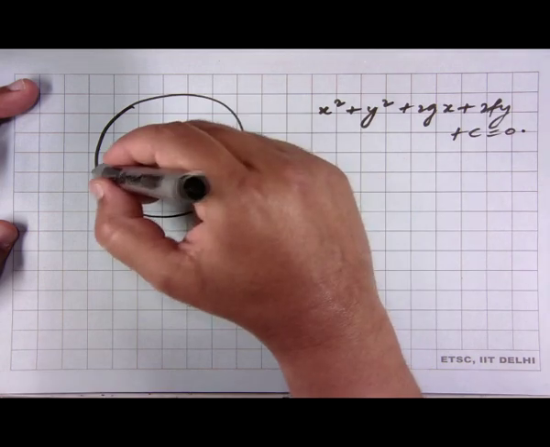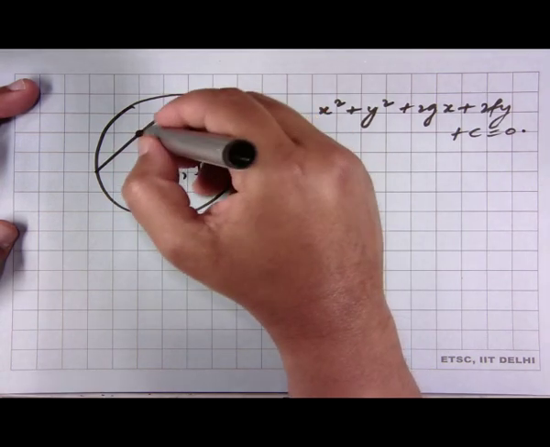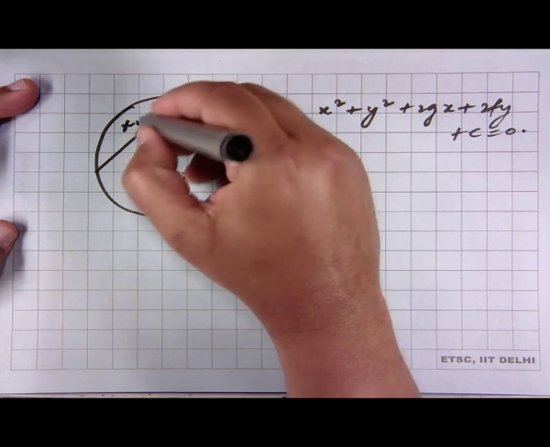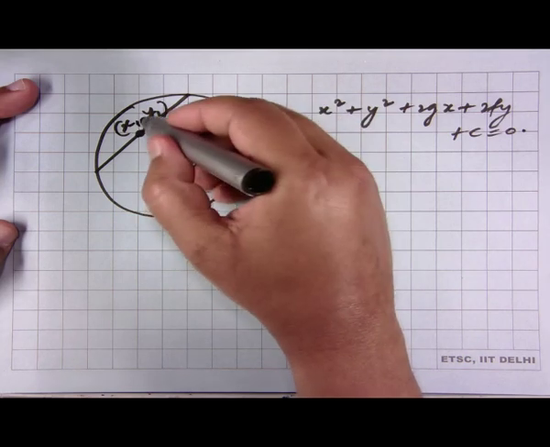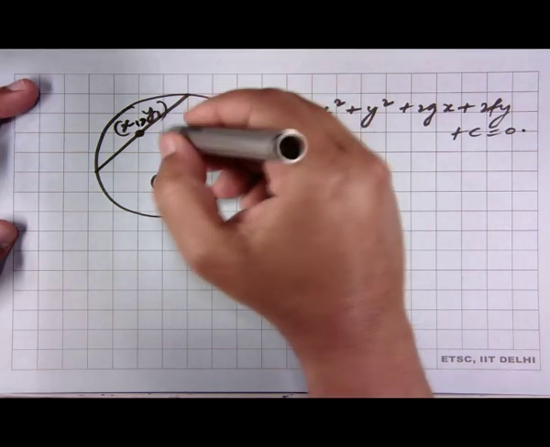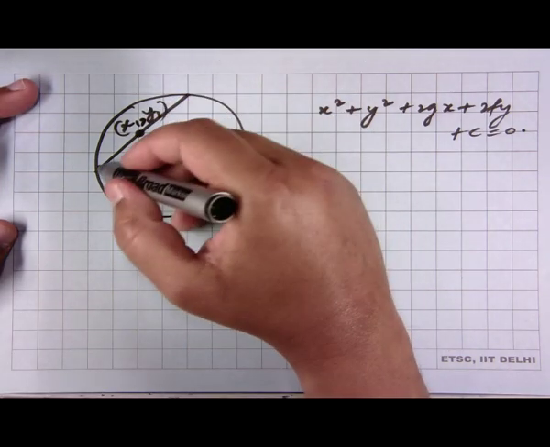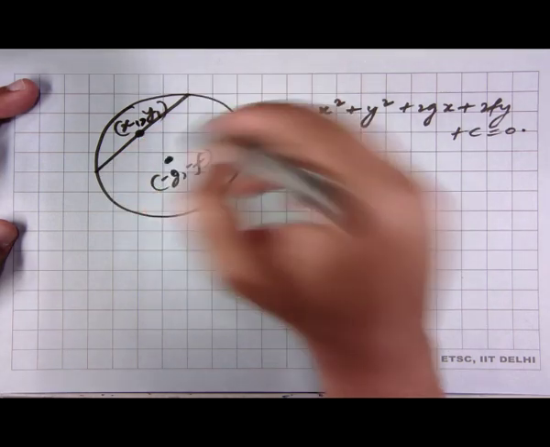Let us say there is a chord, and let us say that we know that the midpoint of this chord is given to us, and it is x1 y1, and then we are asked to find the equation of the chord.